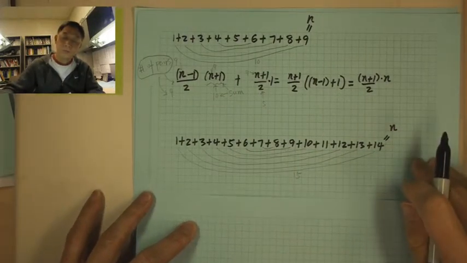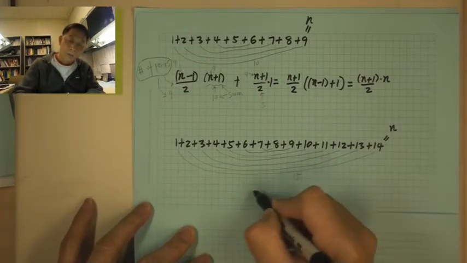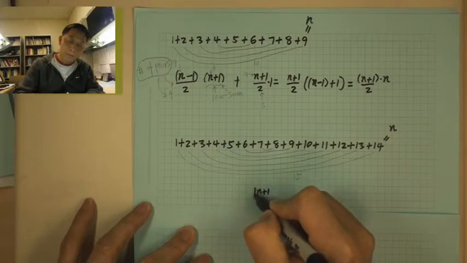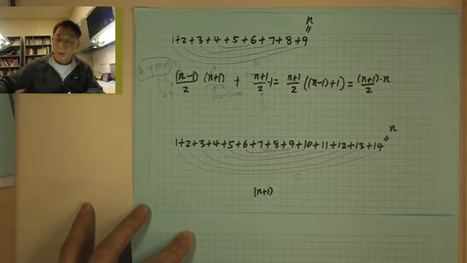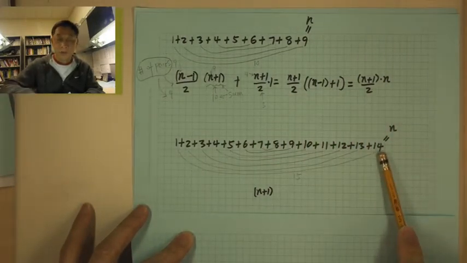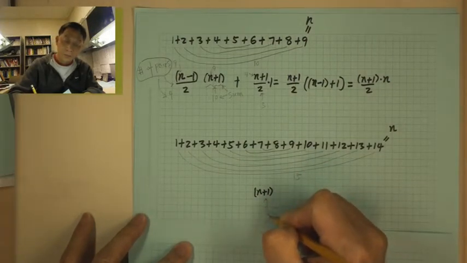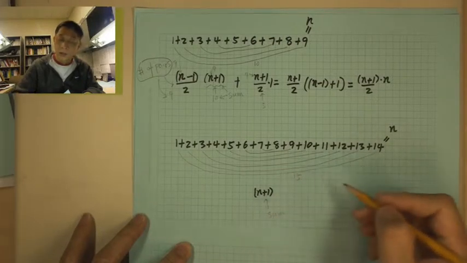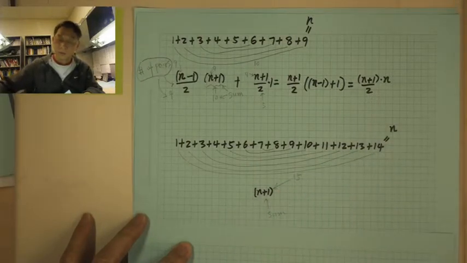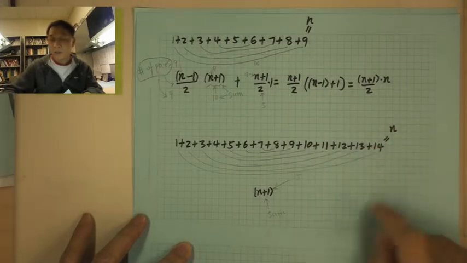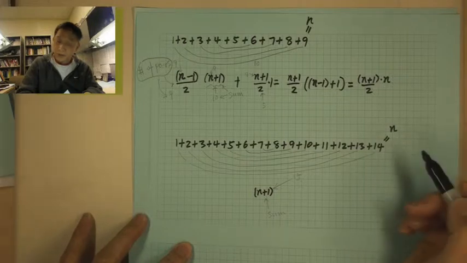So how many pairs? Again, like the previous one, n plus 1 is the sum. Here n is 14, and 14 plus 1 is the sum, which in our case is 15. How many pairs? If it's 14, of course it's 14 divided by 2 pairs.